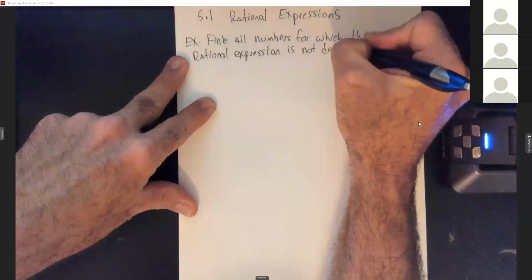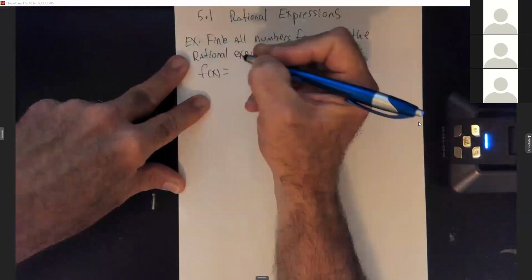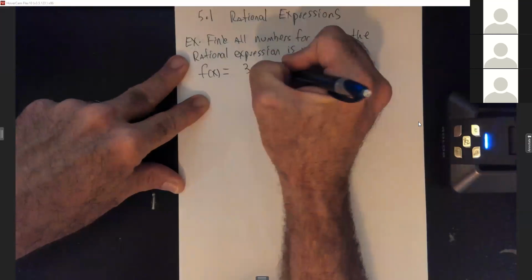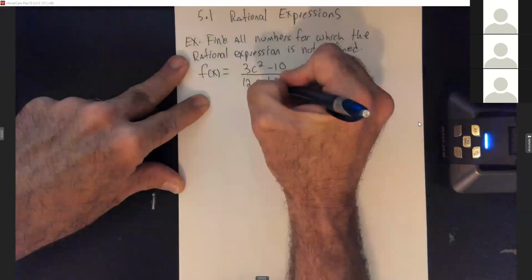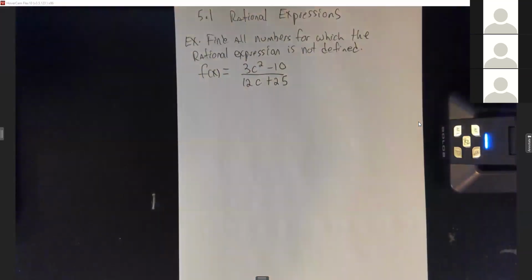So they're giving me f of x equals 3c squared minus 10 over 12c plus 25. So this is really just like finding the domains.